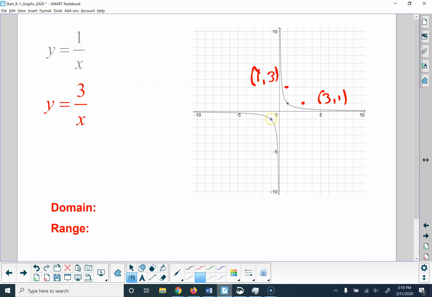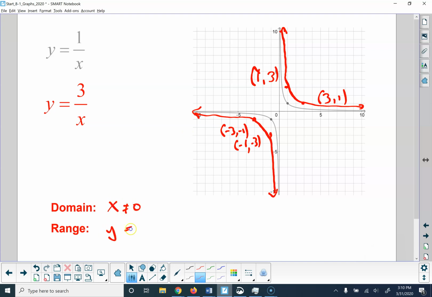The point that was (-1, -1) is now (-3, -1) and (-1, -3). It goes both ways, and the graph just moves out a little bit. You notice that the graph still has asymptotes of the x-axis and the y-axis. It also still has the domain x is not 0, and the range y is not 0.